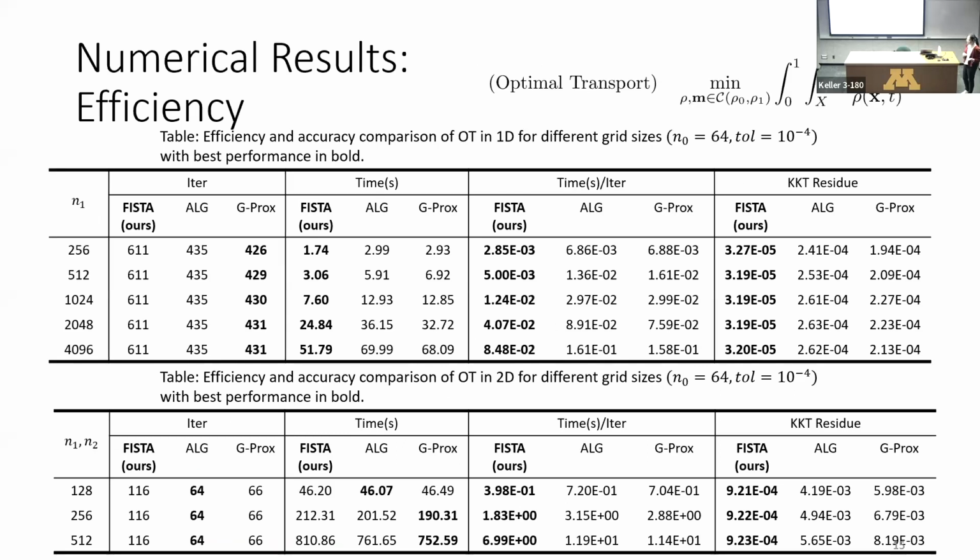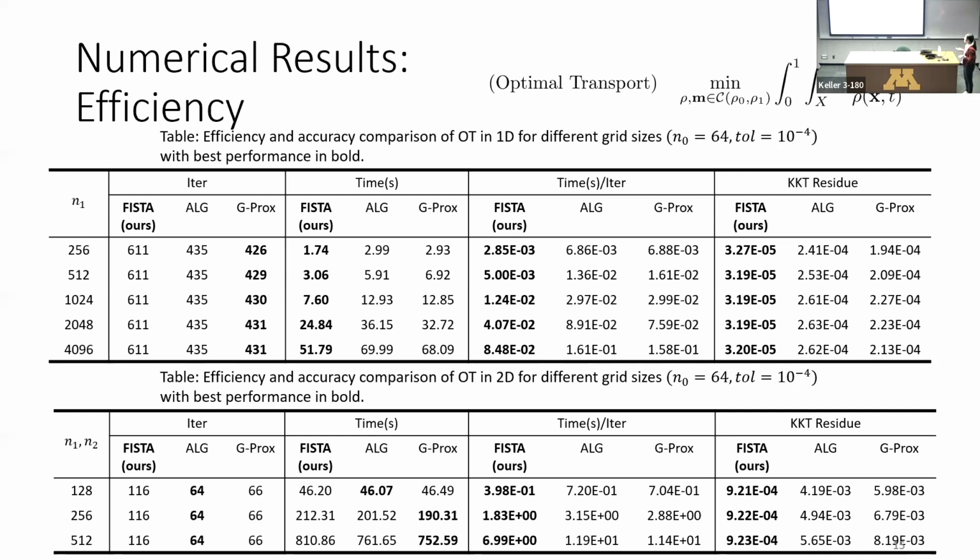But our methods can overcome all these problems. Our projection is very efficient. So this comparison is based on optimal transport, which is the best efficiency augmented Lagrange and proximal can achieve.